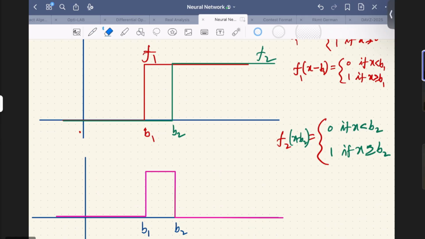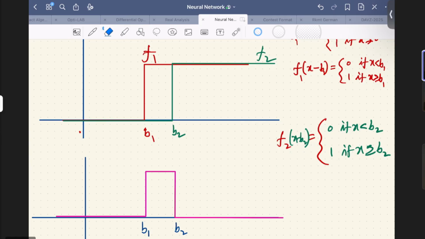Tell me, apply. Simple. If x is less than b1, then f1 plus f2 value, and if x is between b1 and b2, then also f1 plus f2 value, and after b2, if x is greater than b2.